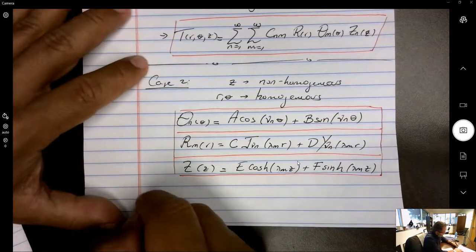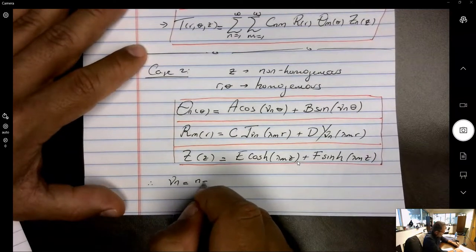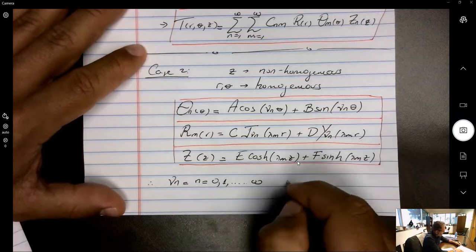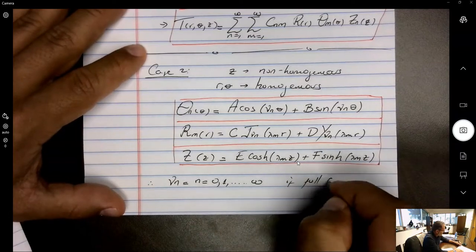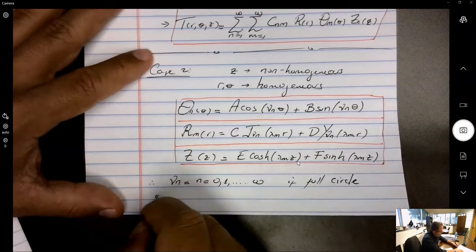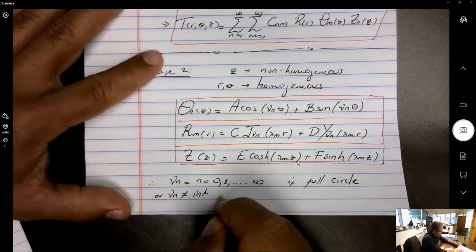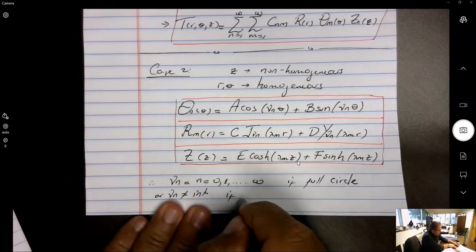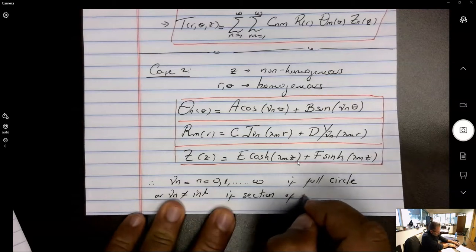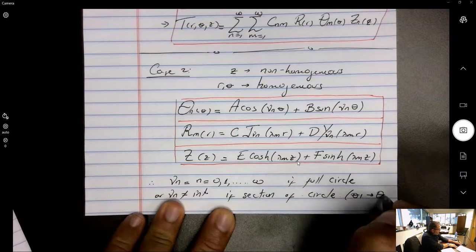Again, lambda n should be equal to n, which is 0, 1, all the way to infinity, if it is a full circle. So periodicity dictates that. But if we don't have a full circle, nu m is not an integer, and that is if it is a section of a circle, theta 1 to theta 2.